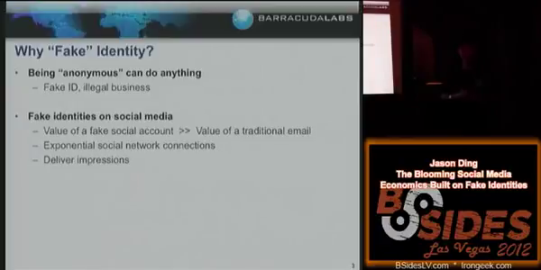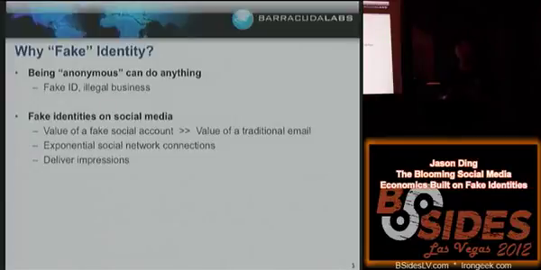But a fake social account has a much longer lifespan, before Facebook or Twitter identifies it. They can collect relationships, spam people, and target people. They can do a lot without being identified if they do it properly. That's why I'm saying a fake social account is much more valuable.